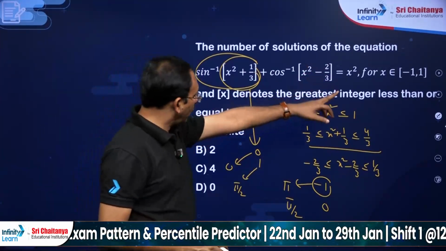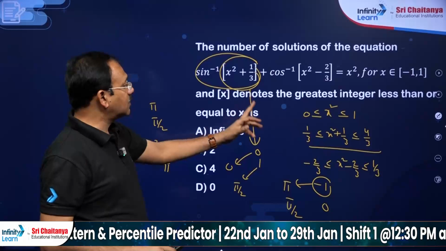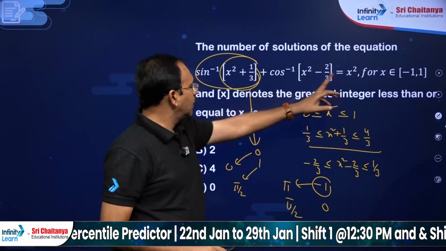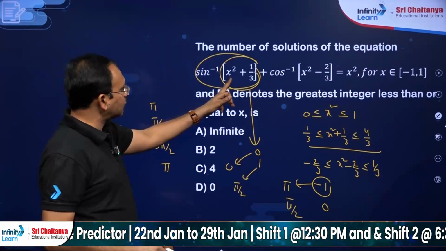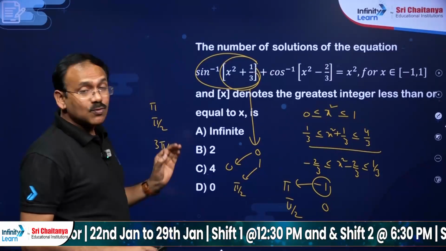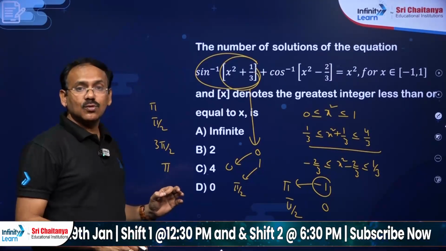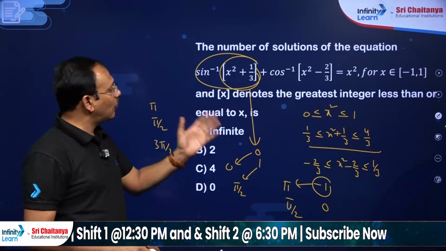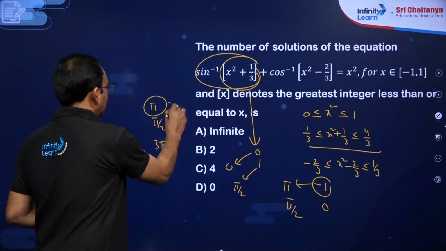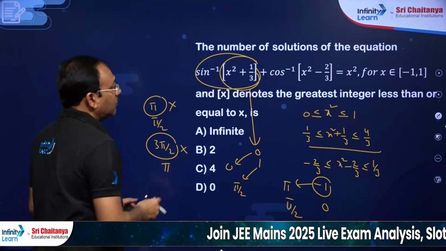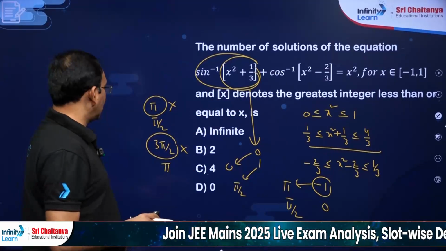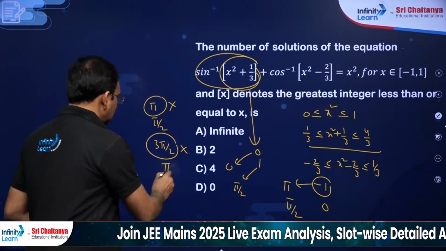If x square is pi, then x must be root pi, which is root of 3.14, more than 1, which is impossible. Even 3 pi by 2 is also impossible, because x is between minus 1 to 1. Pi is also not possible.